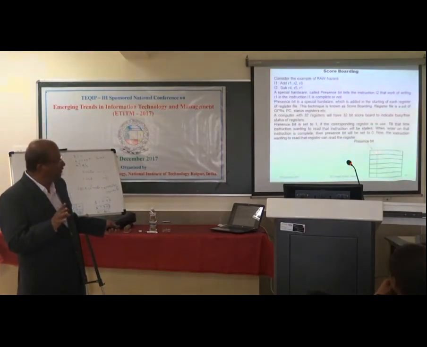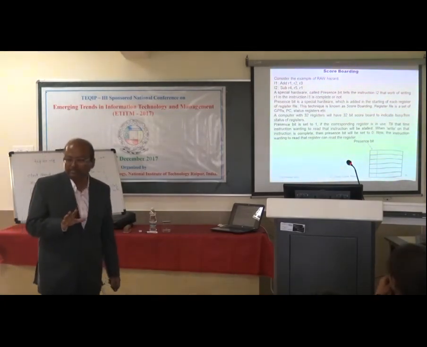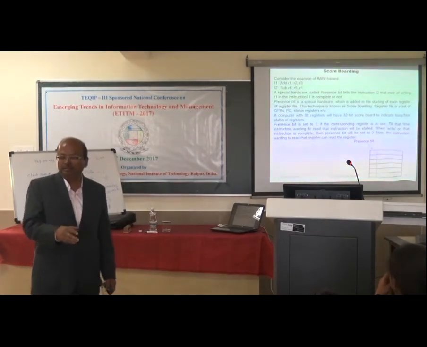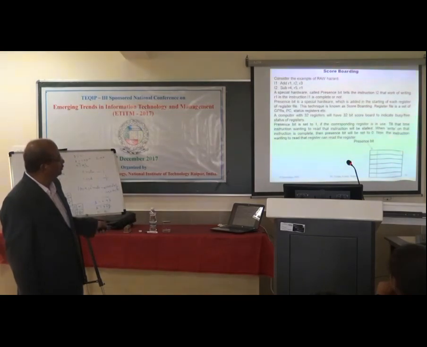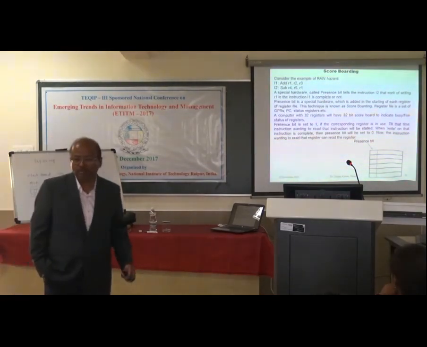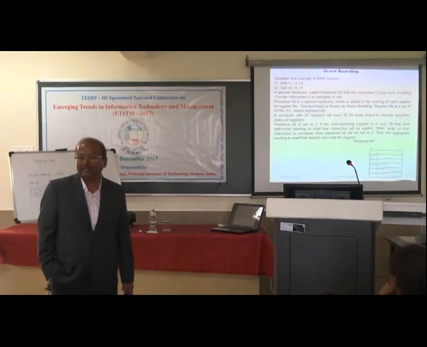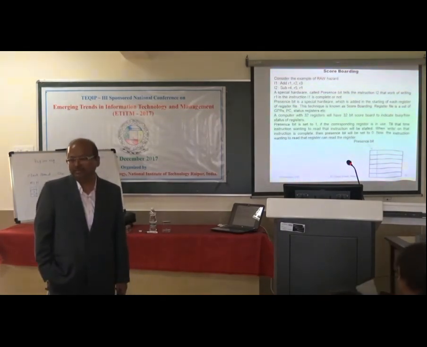When it contains 0, the register holds the final value and is ready to be read. Clear? So this is how, with the help of scoreboarding, we can avoid this hazard. Earlier we have seen how to avoid hazards by giving intentional time delay, then by Tomasulo algorithm, and then by scoreboarding. Clear?